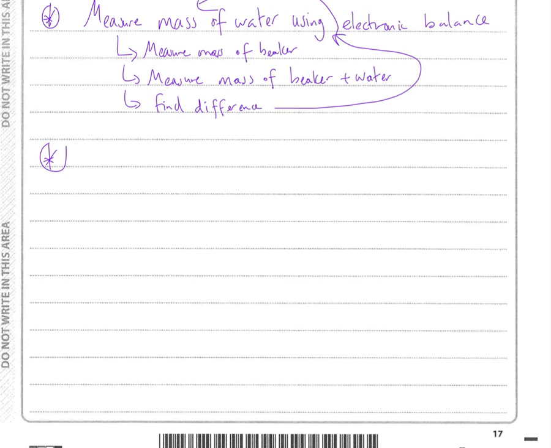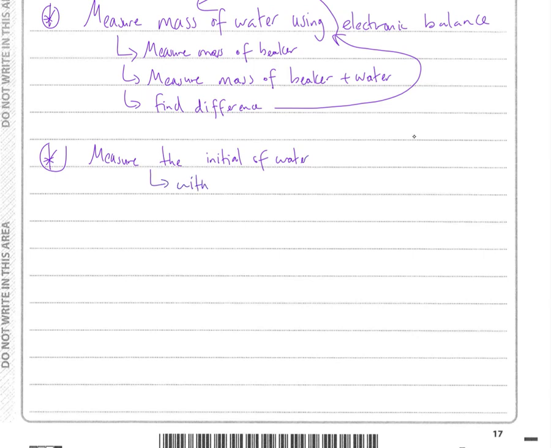Once we've got the mass of the water, what we're going to do is measure the initial temperature of the water. Now how are we going to measure this?